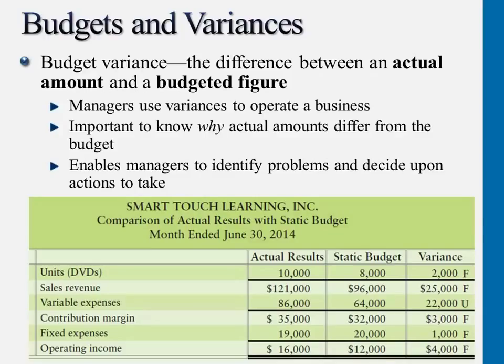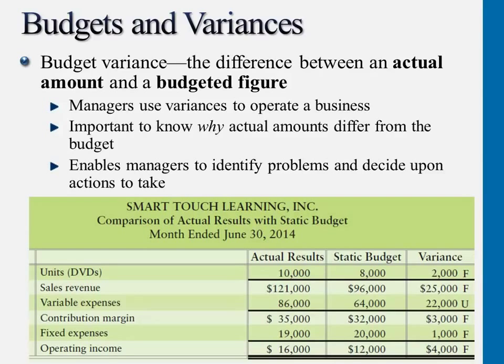So perhaps we rearranged some of the depreciation expenses or some of the fixed expenses on employees' salary. The actual money that we spent was $19,000, so this $1,000 is also favorable. Overall, these differences led to operating income: $16,000 is the actual output, and we expected to have $12,000. The difference is favorable, $4,000.